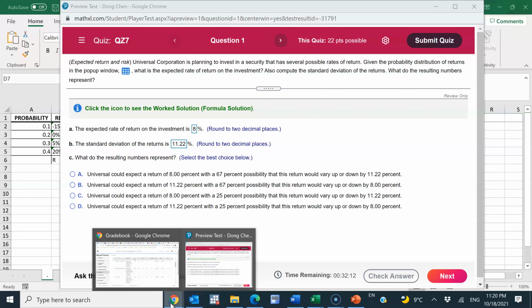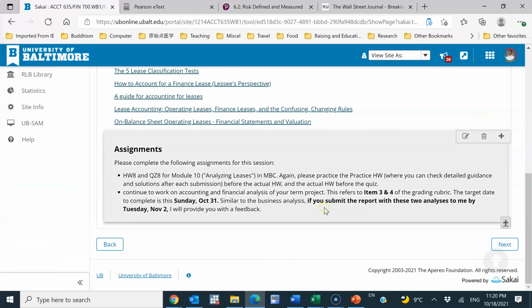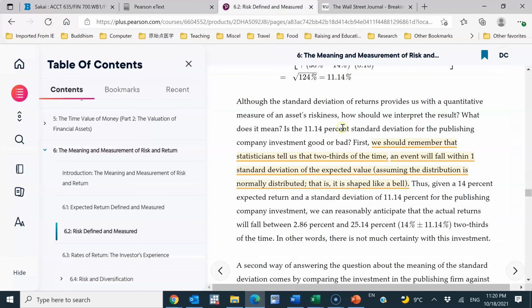And if you check the book, they state this very clearly in chapter 6, section 6.2, risk defined and measured. It says that we should remember that statisticians tell us that two-thirds of the time an event will fall within one standard deviation of the expected value, assuming the distribution is normally distributed, that is, it is shaped like a bell.